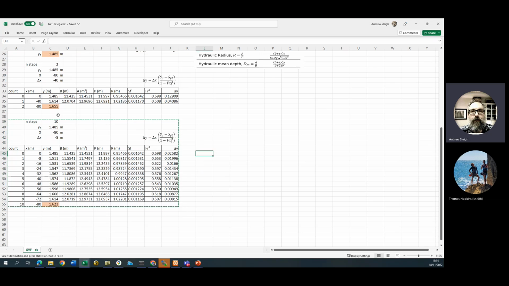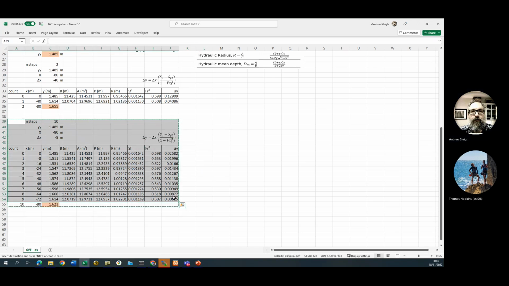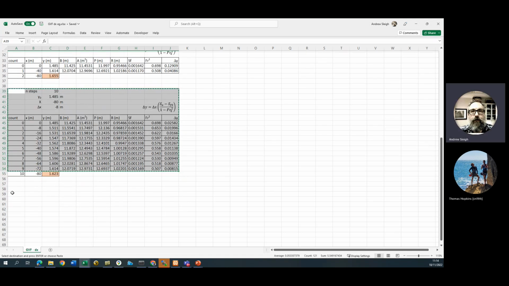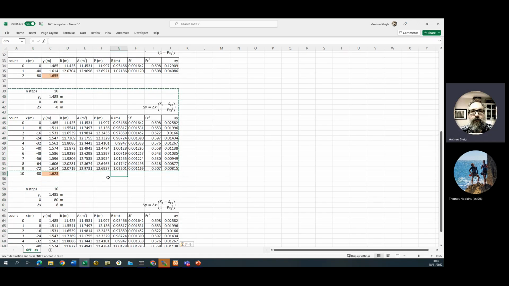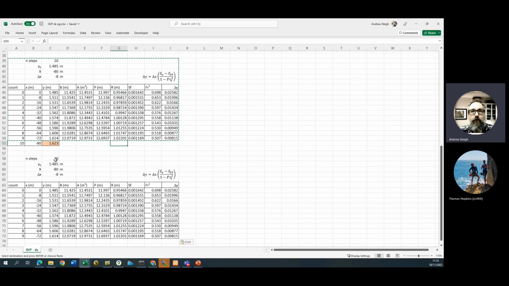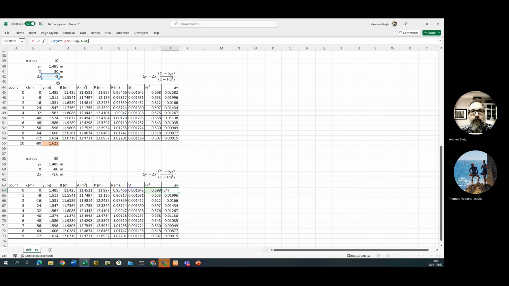So we'll highlight, in fact, just highlight down to just before the last one. Paste that in. Okay, it's looking the same. Good. So we change this to 50. We need to change the delta y calculation so that it's using the right delta x. And we need to change that one so it's using the right delta x.